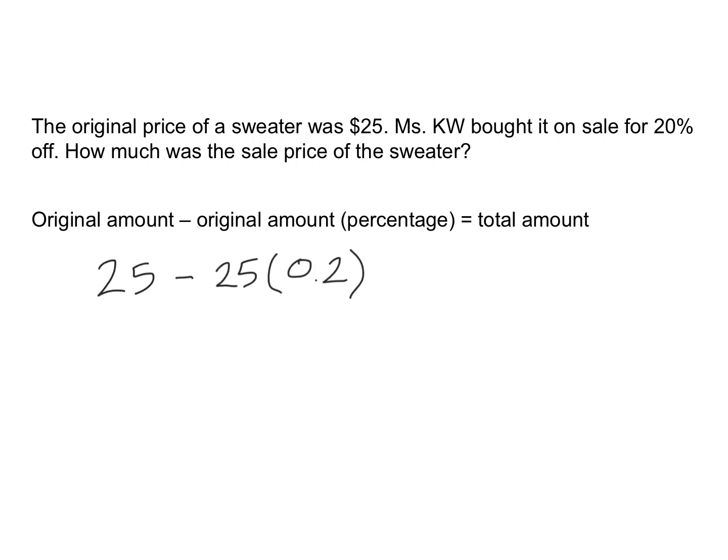I will put that into my calculator, 25 times 0.2, and that is 5. So 25 minus 5. So 5 is 20% of 25. So then in total, I paid $20 for my sweater. Pretty good deal.